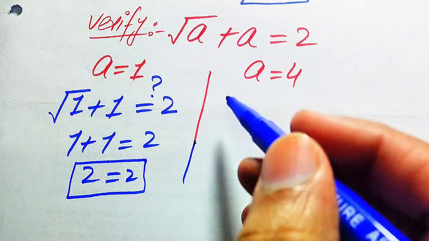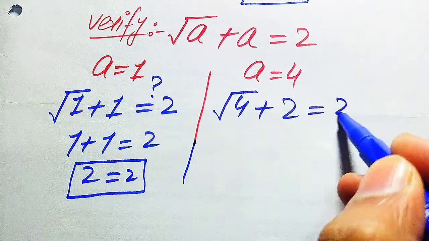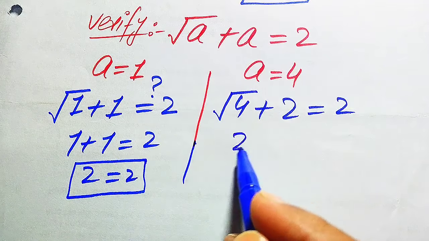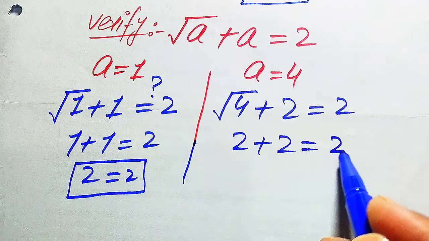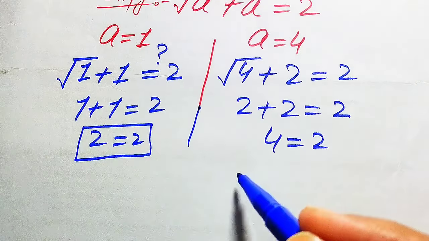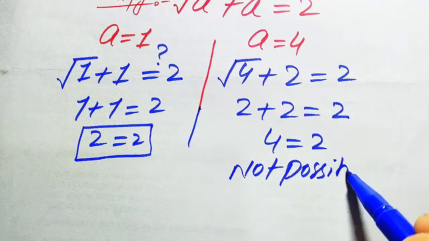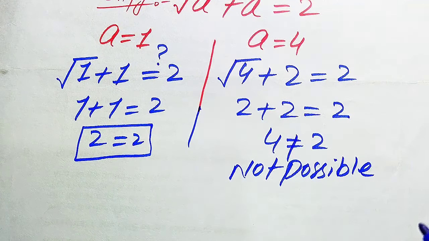So when you put it here, it becomes square root of 4 plus 4 is equal to 2, and we know that square root of 4 becomes 2, plus 4 equals 6, and this is 6 equals 2. And here you see that it is not possible, 6 equals 2, because 6 is not equal to 2.